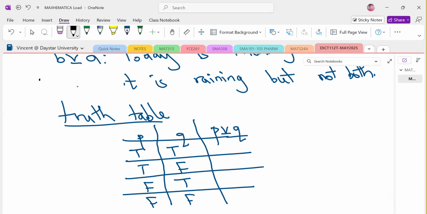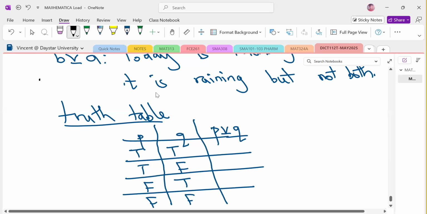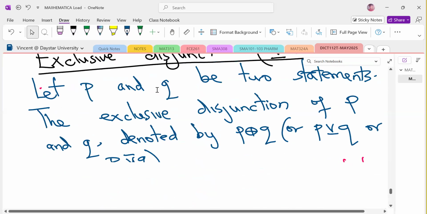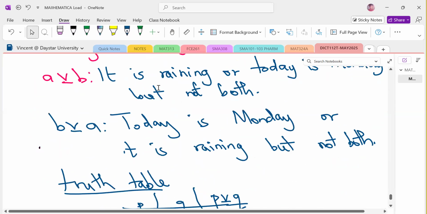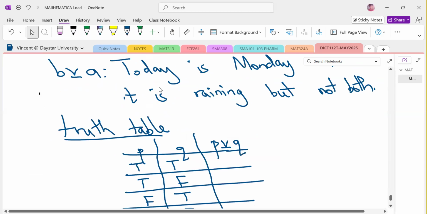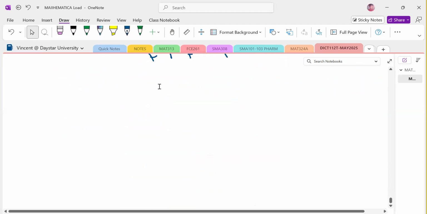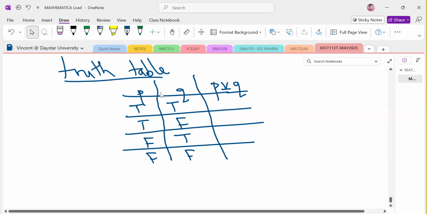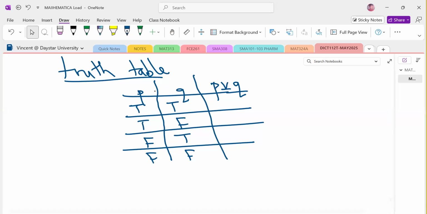Let's just go to the first example where we're saying, tomorrow I will go to school or I'll attend my grandfather's funeral. When one statement is true and the other one is false, that's one true case scenario, correct? So this will have true, and this will have true.